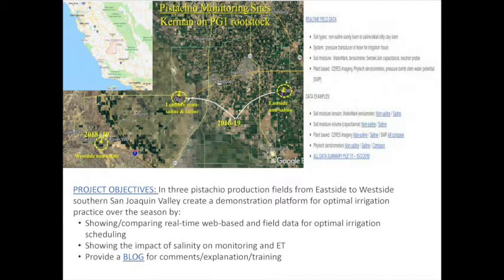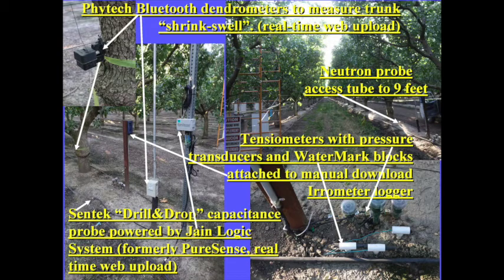These are where the fields are located across pretty much east side to west side along 198 here, out to the far west side by Pleasant Valley. And we have a boatload of instrumentation out there that no farmer in his right mind would ever come close to.